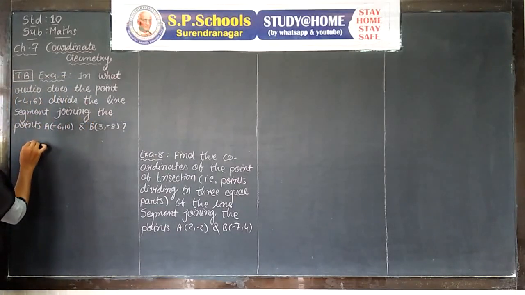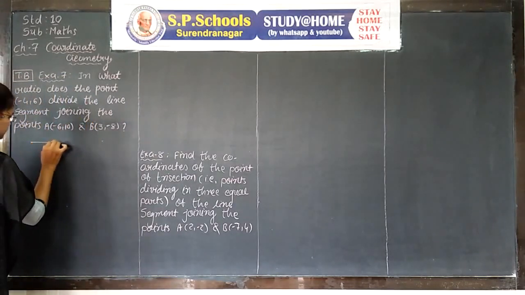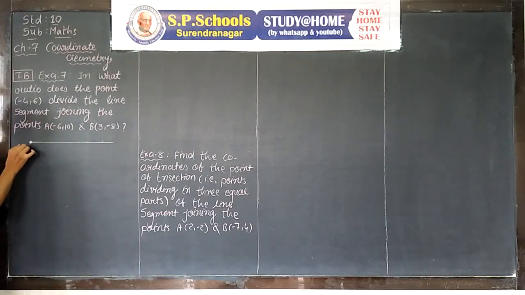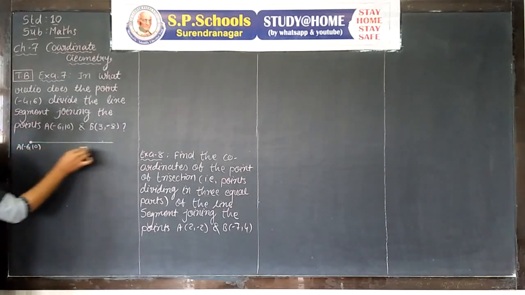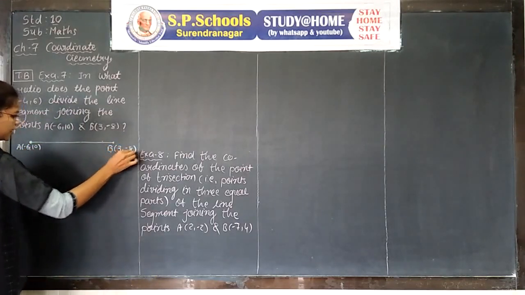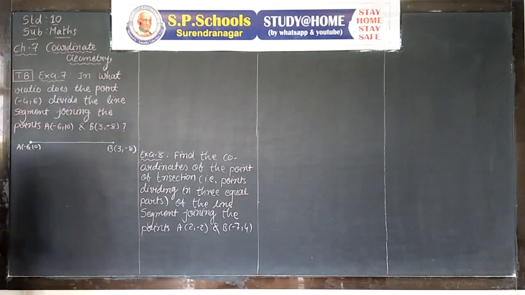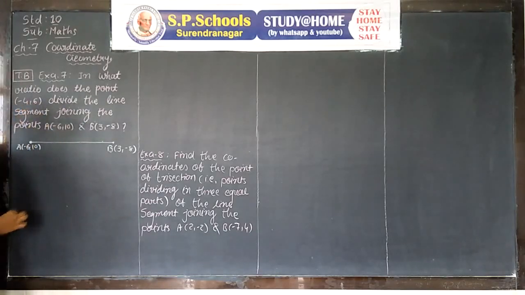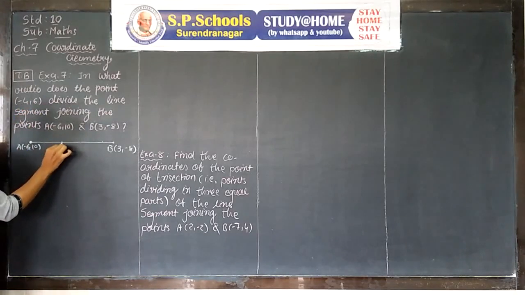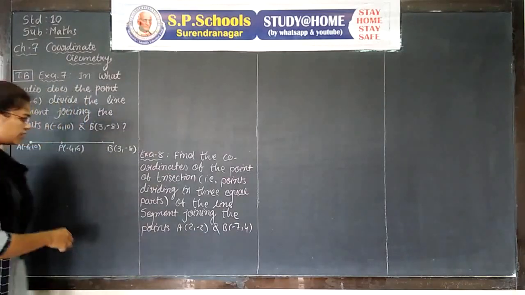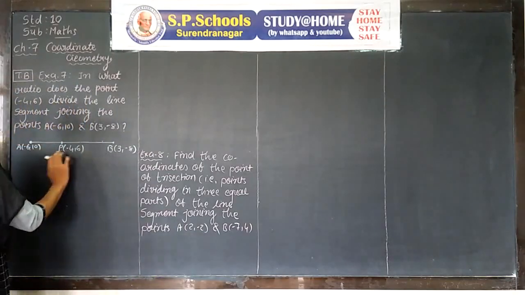First we draw line segment AB, with A(-6, 10) and B(3, -8). We need to find the ratio in which the point (-4, 6) divides the line segment. Suppose point P(-4, 6) divides the line segment AB internally in the ratio AP upon PB.